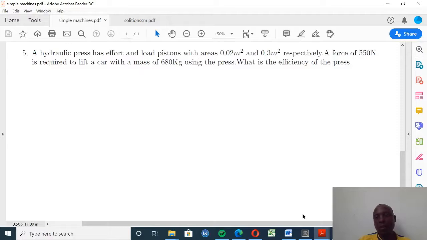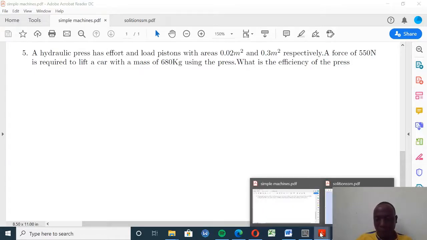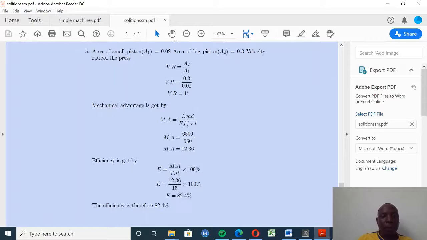Our last question is saying that a hydraulic press has effort and load pistons with areas 0.02 meters squared and 0.3 meters squared respectively. A force of 550 newtons is required to lift a car with a mass of 680 kilograms using the press. What is the efficiency of the press? Now we have been given the area of the small piston, which I'm calling A1, and that is 0.02, and the area of the big piston, which I'm calling A2, equal to 0.3.